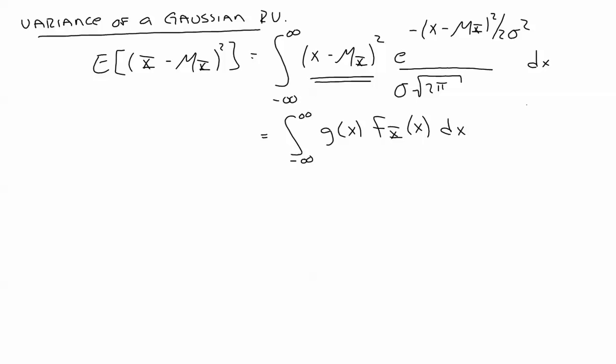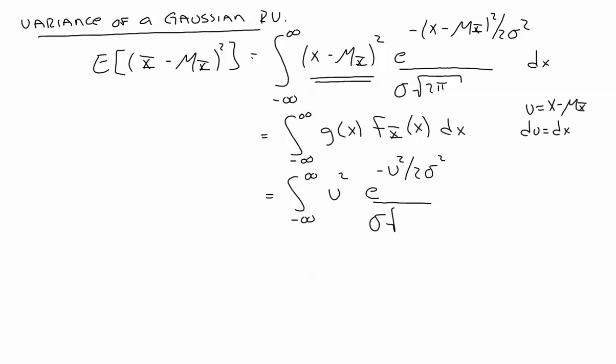Let's let u equal x minus the mean and du equal dx. This then simplifies to the integral from minus infinity to infinity of u squared, notice now that's an even function, times e to the minus u squared over 2 sigma squared, over sigma square root of 2 pi, du.